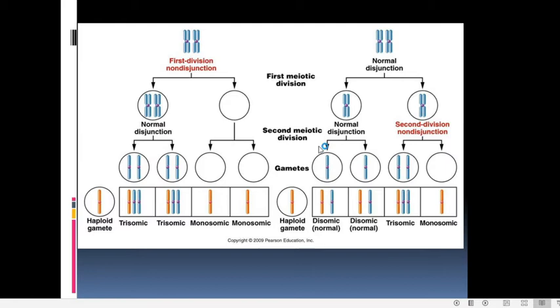So here this chromatid will be going to this cell, and this chromatid will be going to the other daughter cell. So finally we will be getting 4 daughter cells, and the chromosome number will be reduced to half. So that is what happens during meiosis.